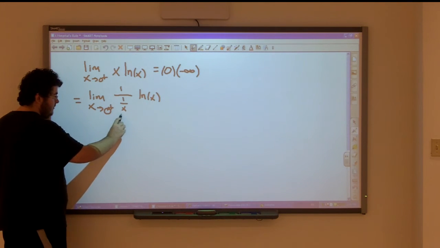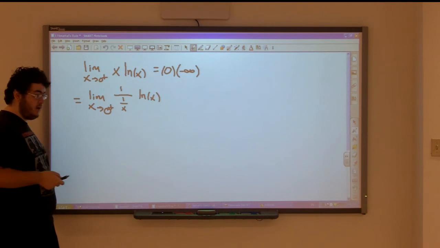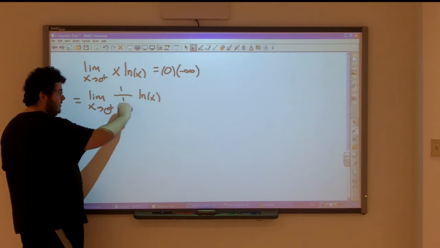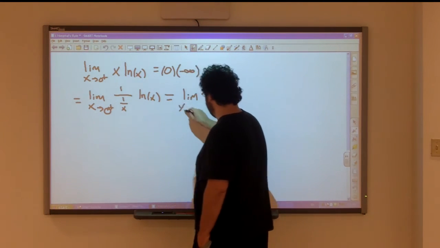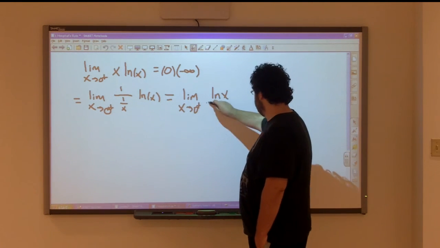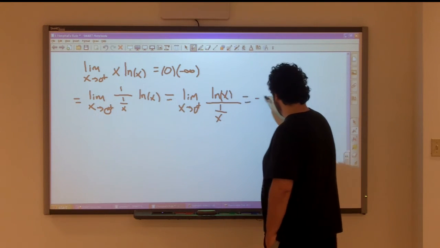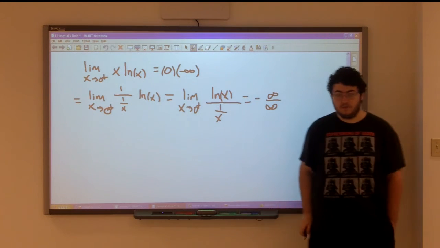Now, remember, this part, 1 over x, goes to infinity as x goes to 0 from the right. So we have natural log of x, which goes to negative infinity, divided by infinity. So we have negative infinity over infinity, which is indeterminate, so we can use L'Hopital's rule.